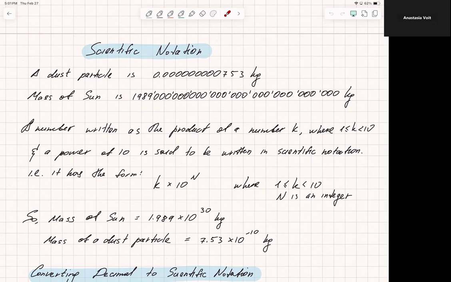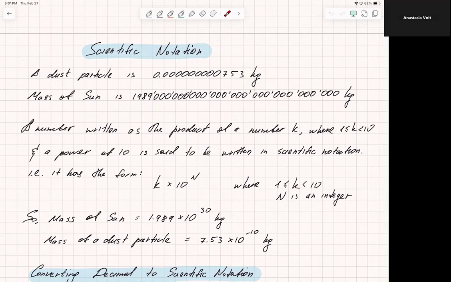Let's say we have a dust particle that has a mass of, as we call it, 753 nanograms. And if we convert it to kilograms, we would have that many zeros in front. So it's really difficult to use in calculations and even to write in a report.